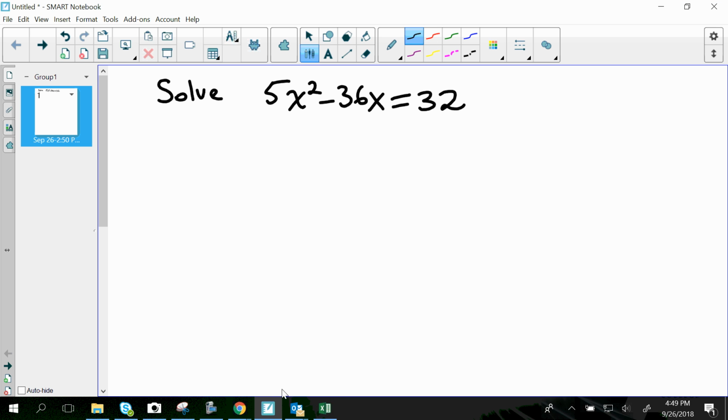I'm going to work this problem for you and I'm going to show you how to solve it 3 different ways. And we're going to start by using the quadratic formula. Then we will also do it by factoring.